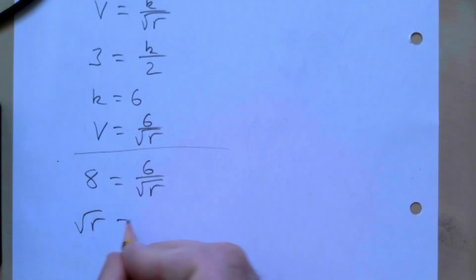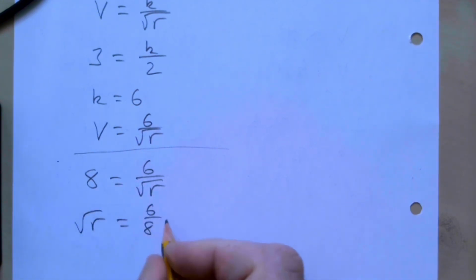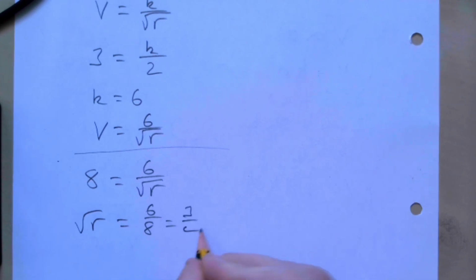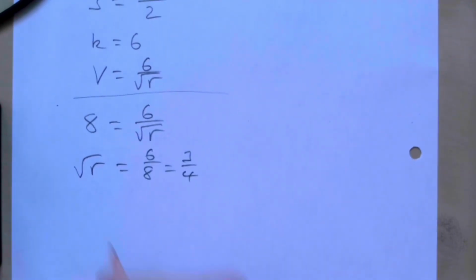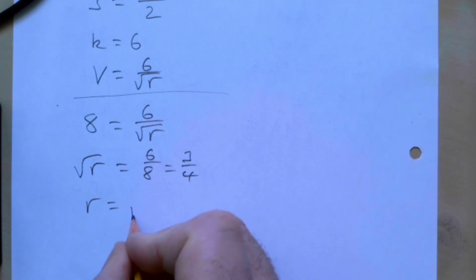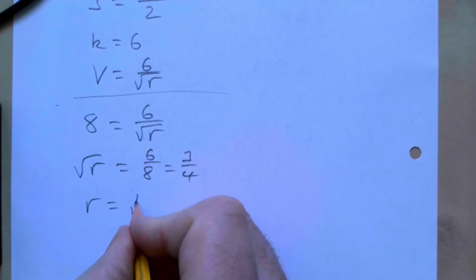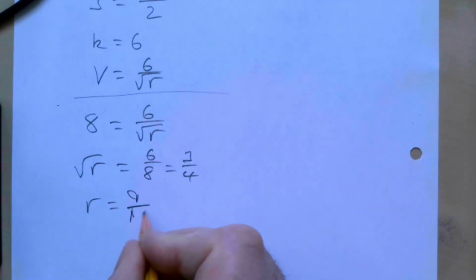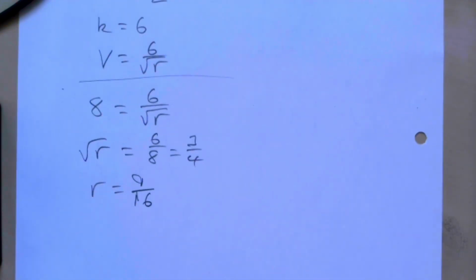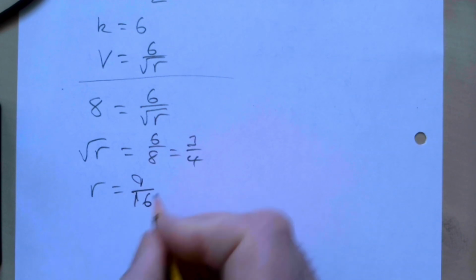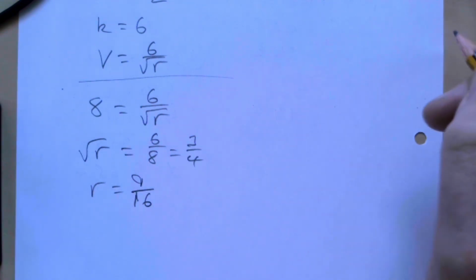That gives me root r equals 6 over 8, which is 3/4. R then is going to be, oh, you need to square both sides, so that's going to give me 9 over 16. And so final answer then, r equals 9 over 16.